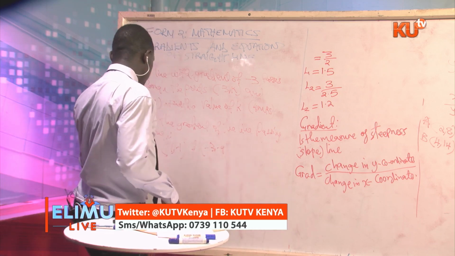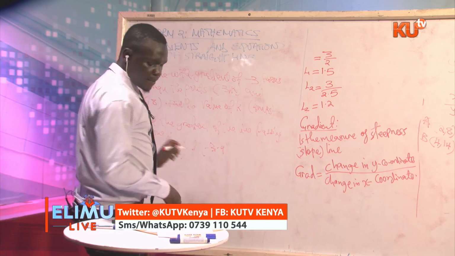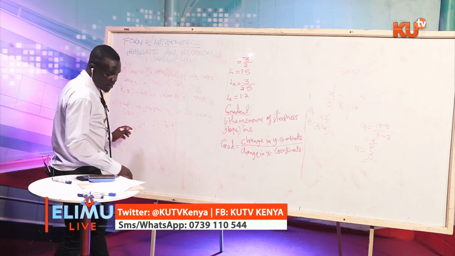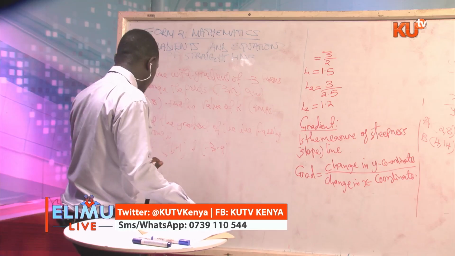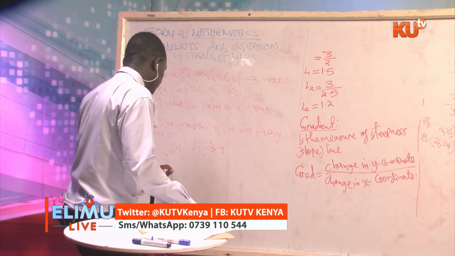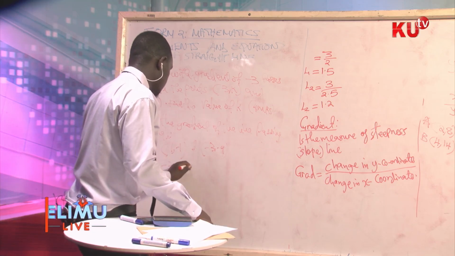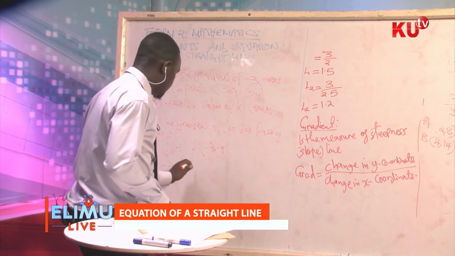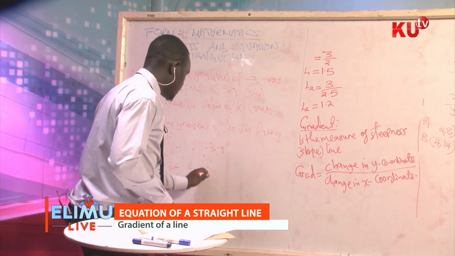The last bit of it, Roman 2, another pair of points: find the gradient of this line passing through (-3, 4) and (-5, 7).